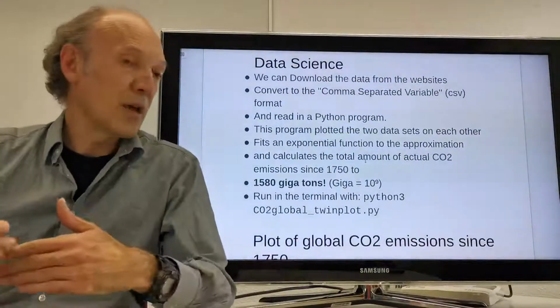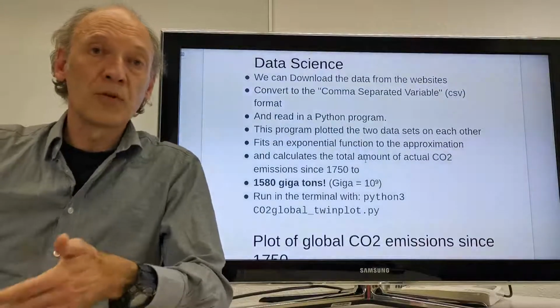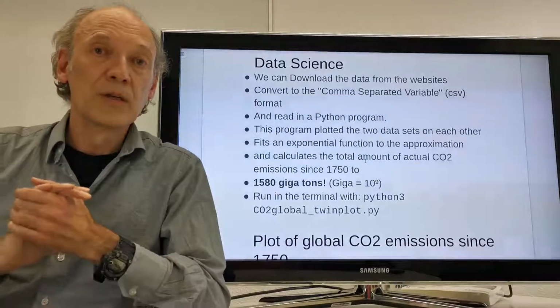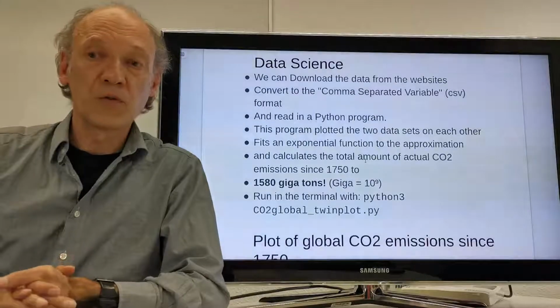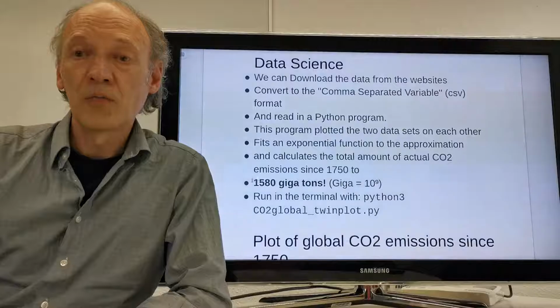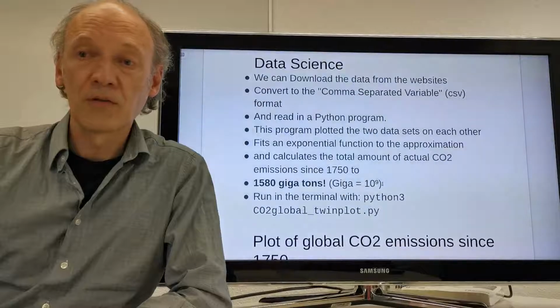Basically, we just need to add up each year to find the total sum. This total sum gives us the theoretical concentration increase in our atmosphere caused by humanity by burning fossil fuels. And this sum from our program comes to 1580 gigatons. So giga again is 10 to the 9th.